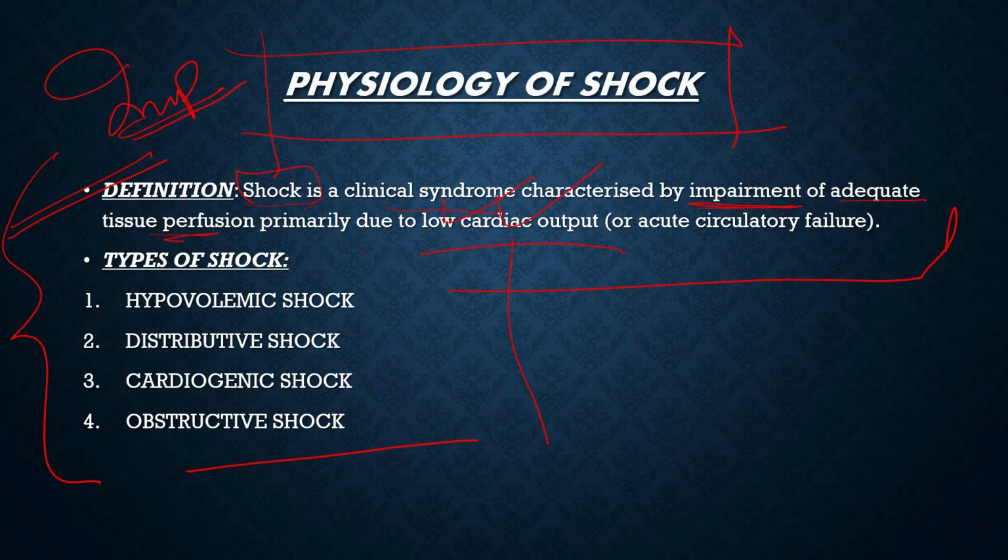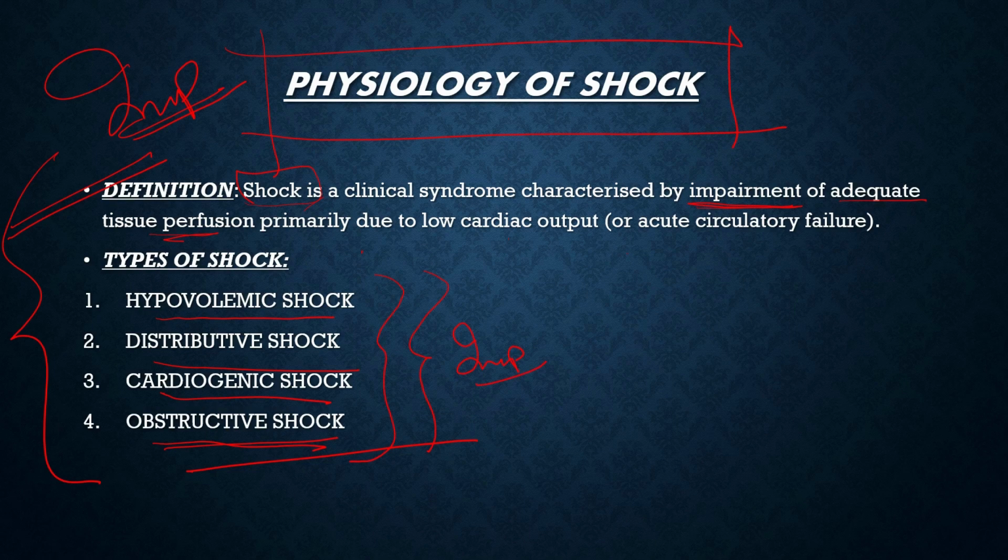Mostly it occurs due to low cardiac output. Clear? What are the types of shock? Firstly, the hypovolemic shock. Next is the distributive shock, cardiogenic shock, and finally the obstructive shock. Okay? Please learn this by heart. It is very important.